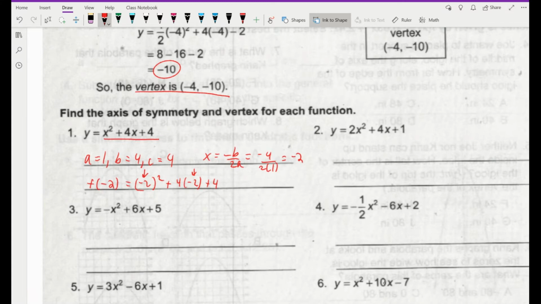Negative 2 squared is 4, plus 4 times negative 2 is minus 8, plus 4. 4 minus 8 plus 4 equals 0. So we got the axis of symmetry, and I should write it properly: x equals negative 2. This is the axis of symmetry. And the vertex, the point, will be negative 2, comma, 0.